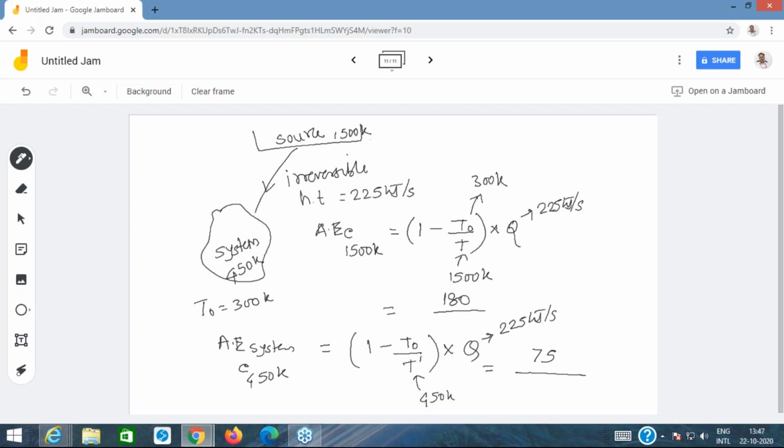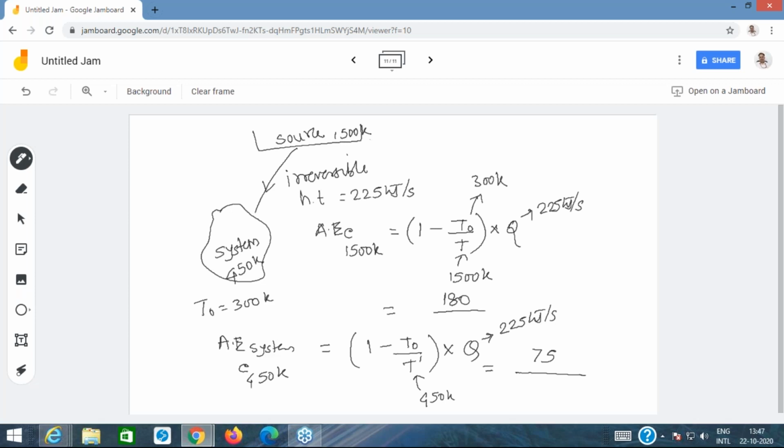The decrease in available energy would be the difference between the two. Right. So I hope it is clear to you now.